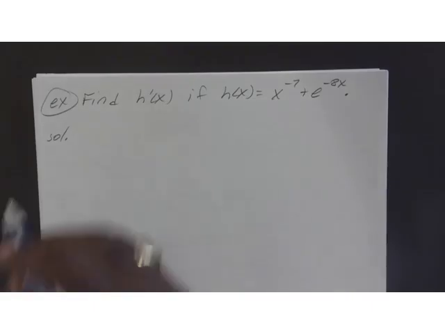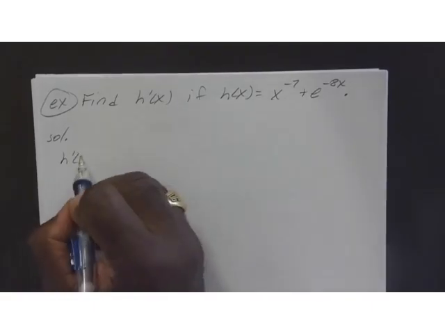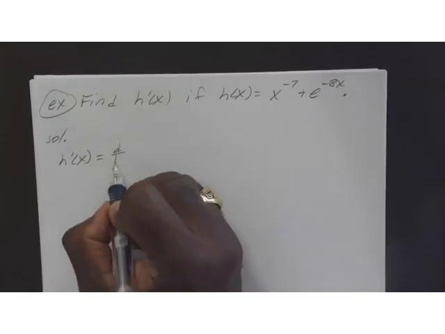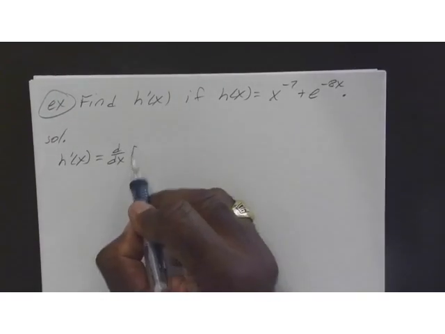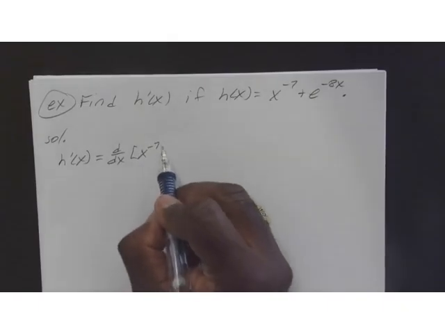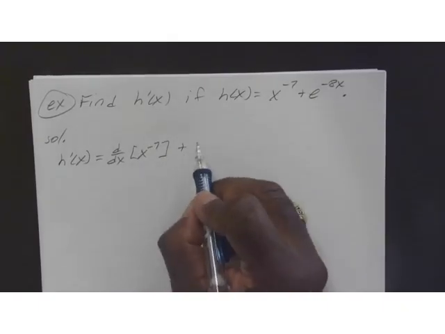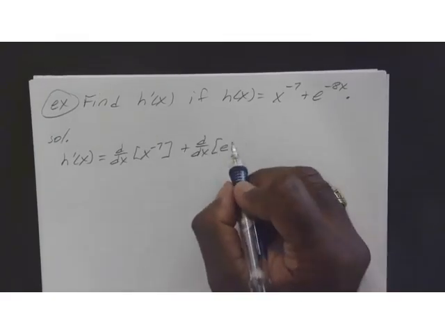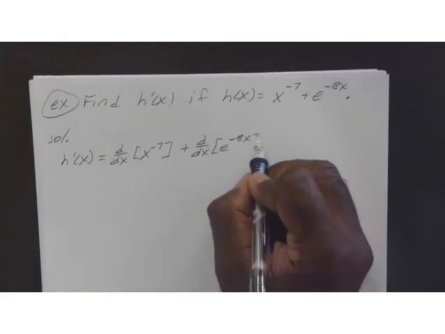So again, we know that our h prime of x is just the derivative of each term. So we take the derivative with respect to x of x to the negative 7th power plus the derivative with respect to x of e to the power of negative 8x.